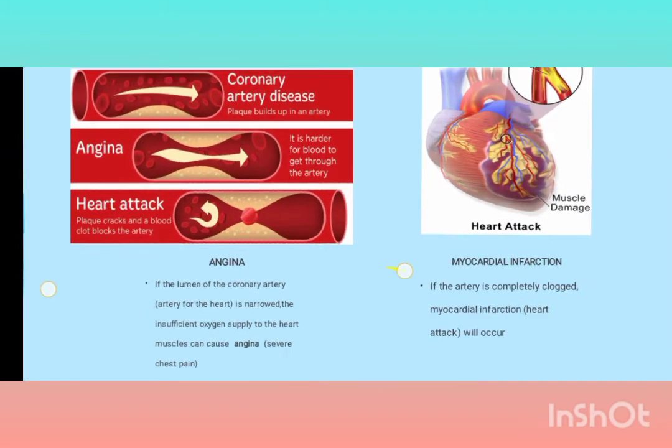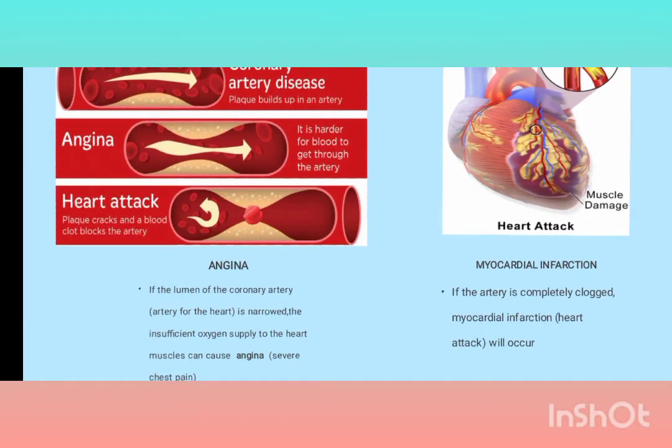Angina. So, if the lumen of coronary artery of the heart is narrow, the insufficient oxygen supply to the heart muscles can cause angina, severe chest pain. So, angina occur in our artery on the heart.